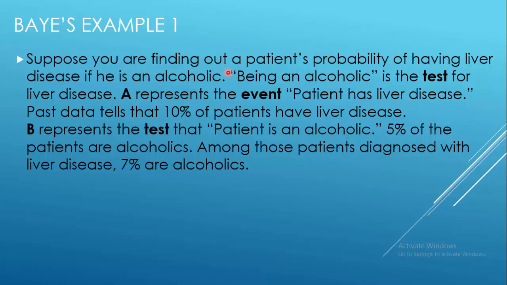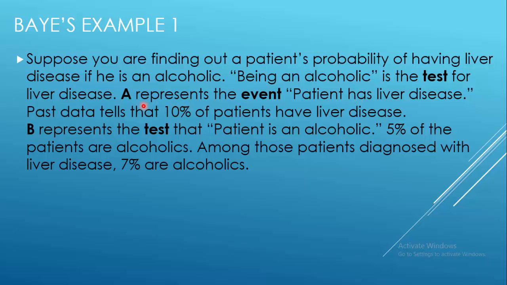Suppose you are finding out a patient's probability of having liver disease if he is an alcoholic. So what we are assuming is that there is a relationship between liver disease and being alcoholic. Being an alcoholic is the test for liver disease. Here, what is the test? Being an alcoholic. A represents the event: patient has liver disease.